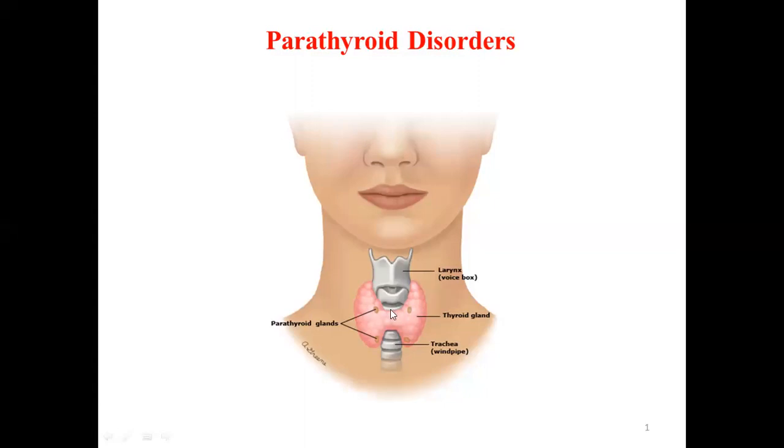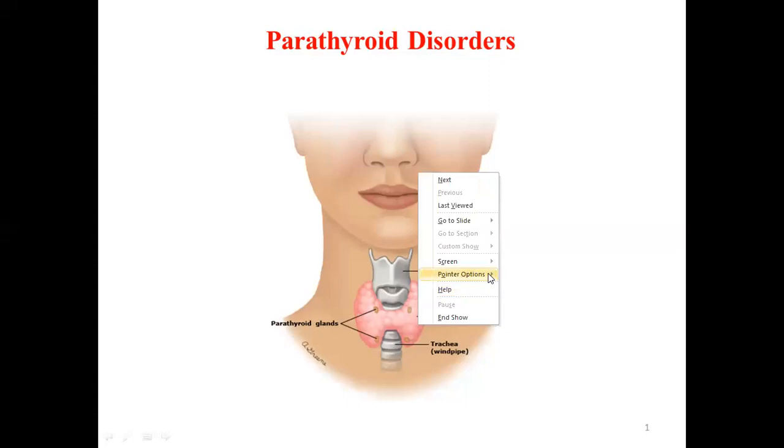There are four. They are very tiny, small glands located on the top of the thyroid gland, and they are very important, especially for regulation of calcium level in the serum. That is the principal function of this hormone in the body system.